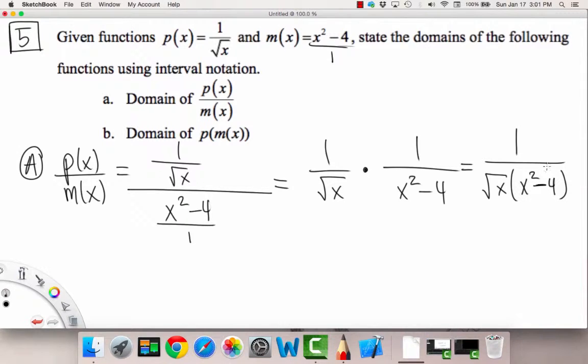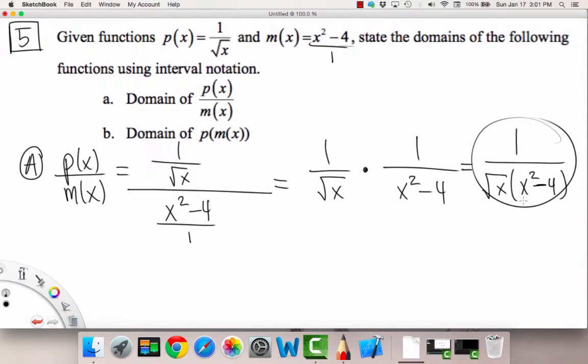Now our job, once we have created this composition of functions of a sort, is to figure out what the domain is. Just a reminder, domain means the set of possible input values you could have for your function in order for it to not be undefined. So what can x not be in this case?